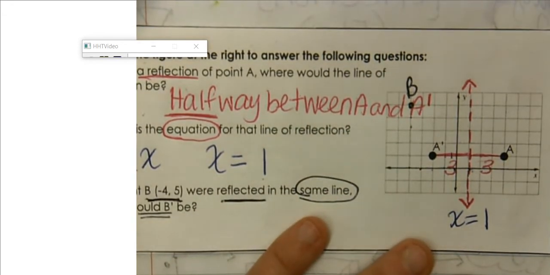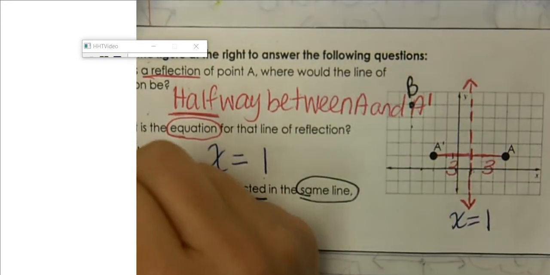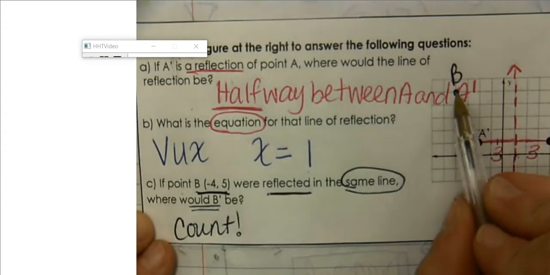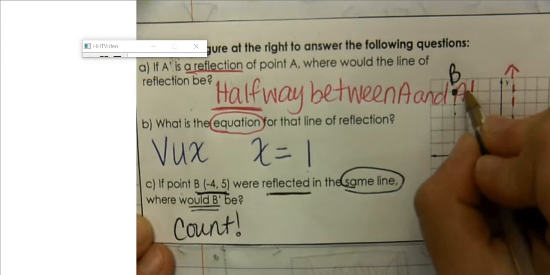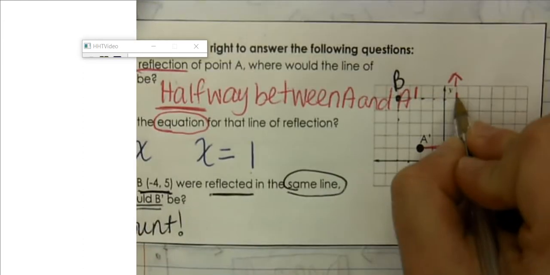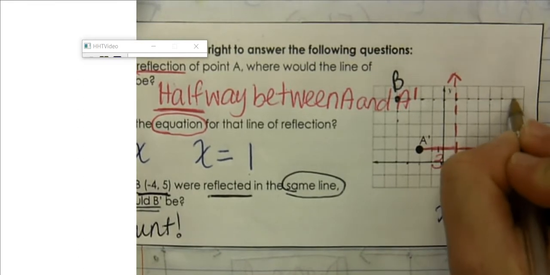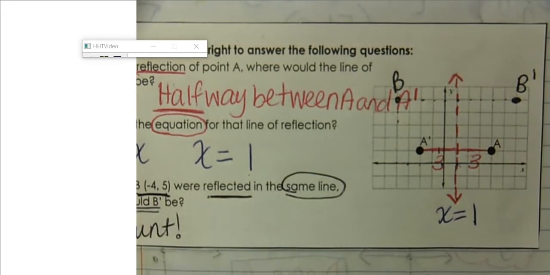Now I want you to count and see how far away point B is from your line of reflection. It is 1, 2, 3, 4, 5 units away. So we're going to count 1, 2, 3, 4, 5 points on the other side, and that's going to represent the location of B prime.